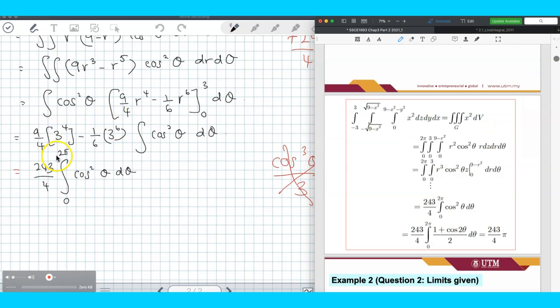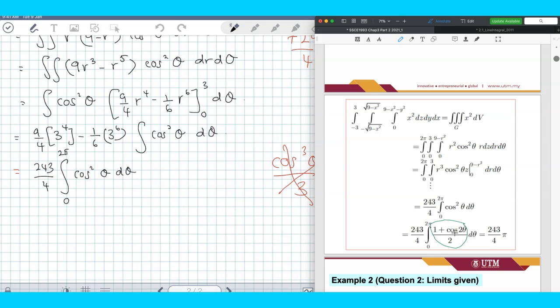We evaluate this, we'll get 243 over 4. And please change cos squared theta into a power of 1 using the appropriate trigonometric identity, which is this one. You can look at the list of formulas that I share with you. In fact, in the test that we give you, we give an attachment with the list of formulas that you can refer to.